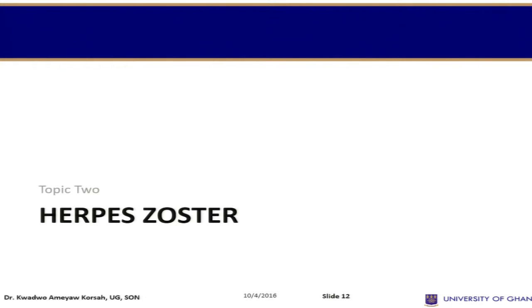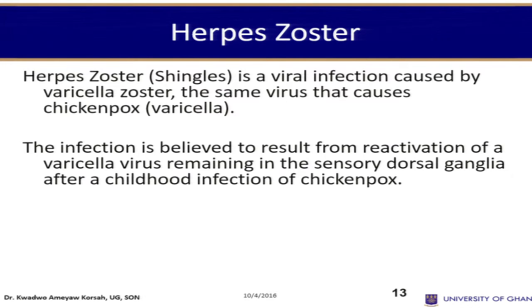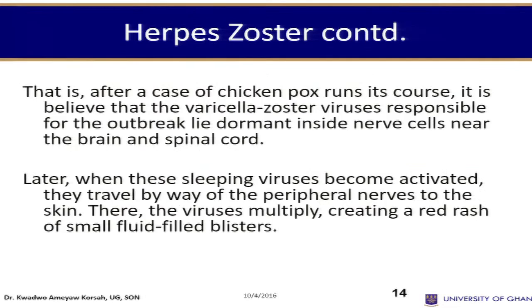Now let's look at herpes zoster. Herpes zoster is a viral infection as well, caused by varicella zoster, the same virus that causes chickenpox. The infection is believed to result from reactivation of a varicella virus remaining in the sensory dorsal ganglia after a childhood infection of chickenpox.